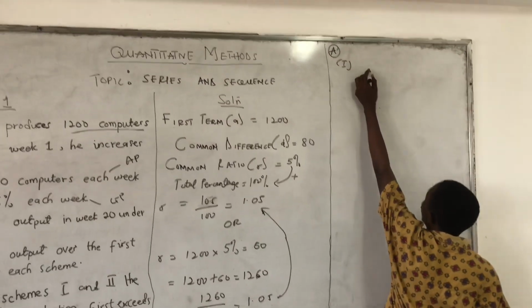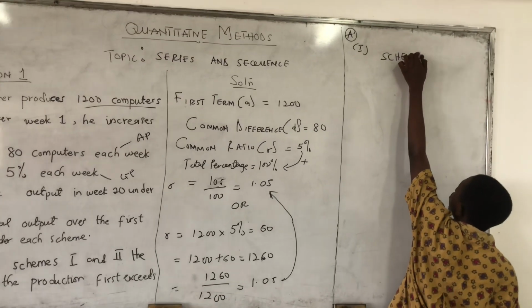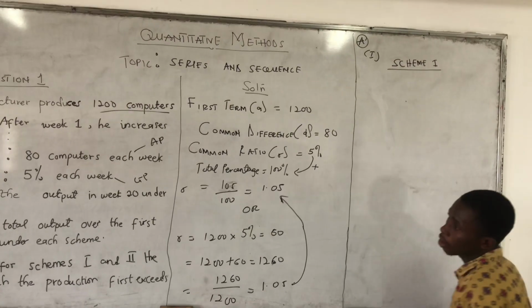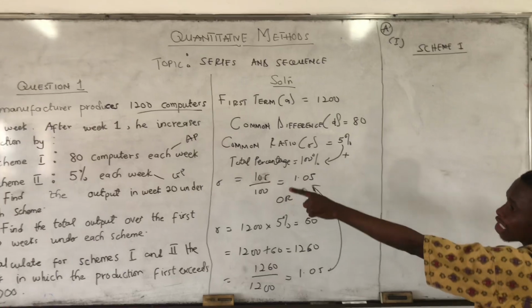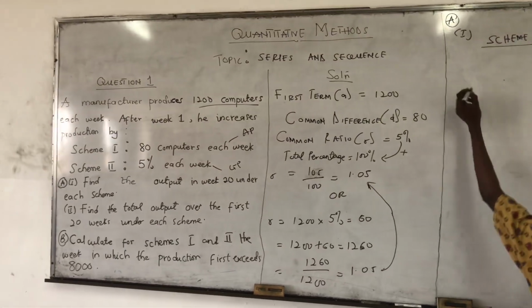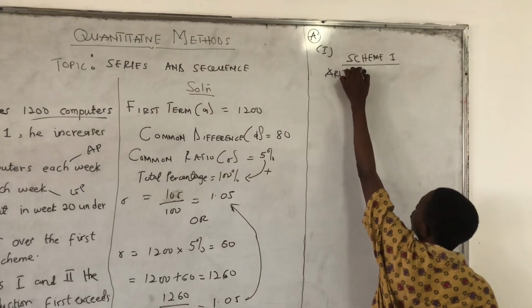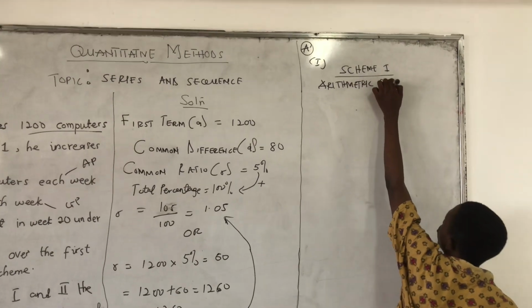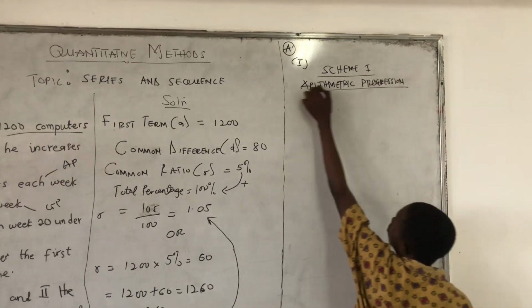So, let me pick Scheme 1. Now, 80 computers each week. Remember, 80 computers each week, you are using arithmetic progression.